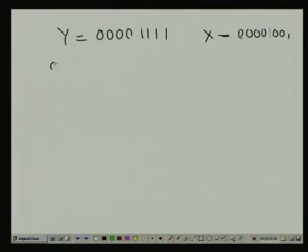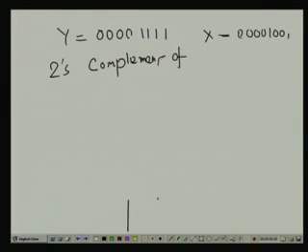Then, if I take 2's complement of x, then it will be 1 1 1 1, flipping the bits, and this is 1001, means 0 1 1 0.